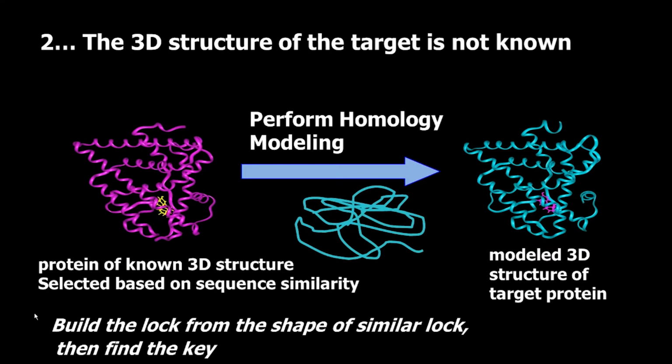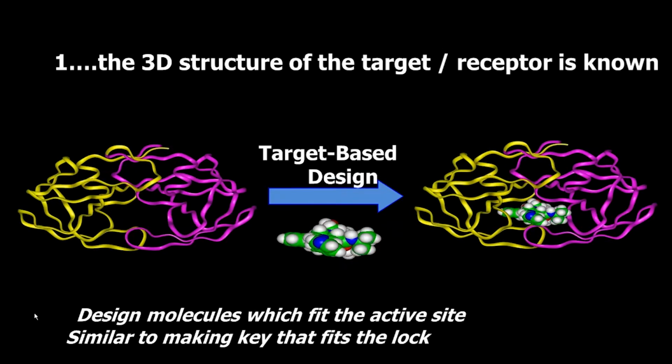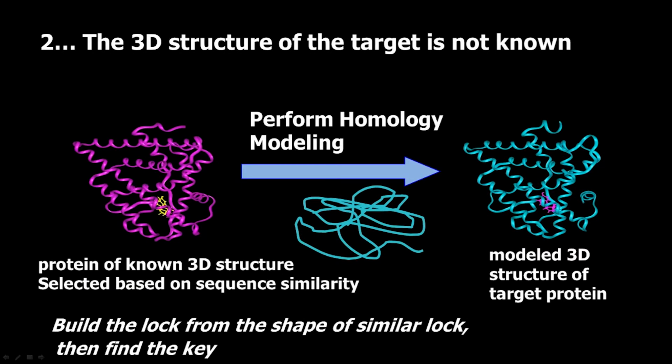The second approach is that I know the protein sequence, so that means I do not know the three-dimensional structure. So what do I do? I do something called homology modeling, and then create the three-dimensional structure of the protein of my interest.